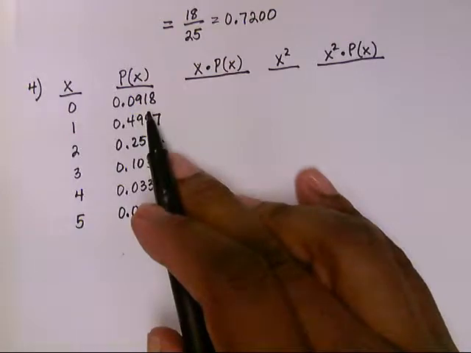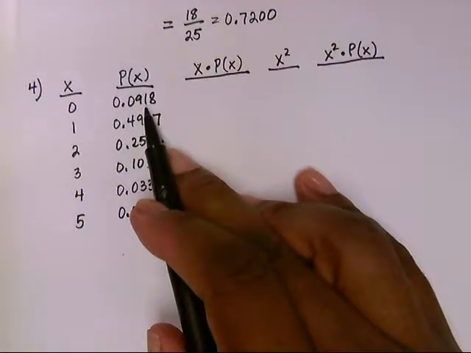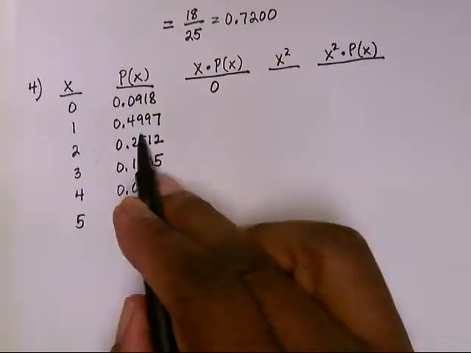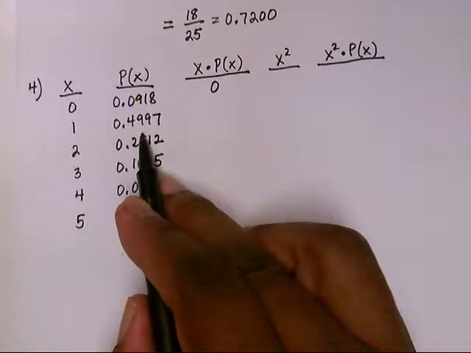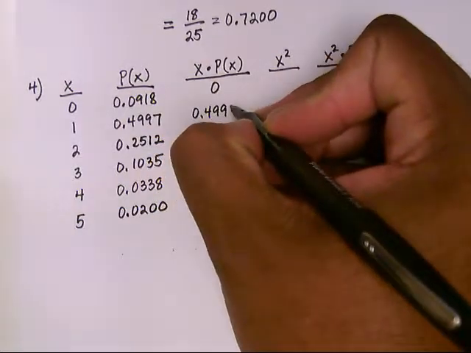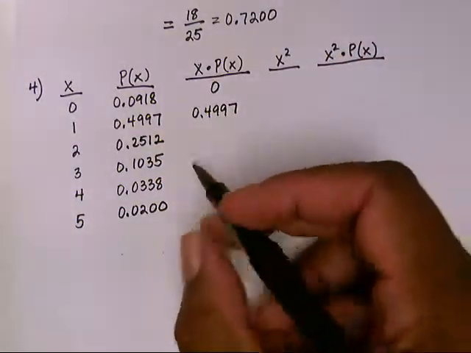So if I do 0 times 0.0918, I'm going to get 0. And then 1 times 0.4997, that would be 0.4997.